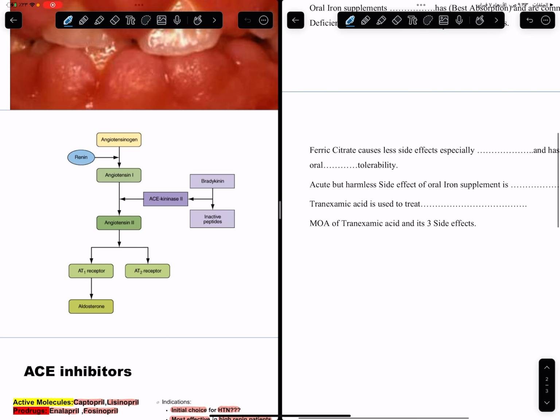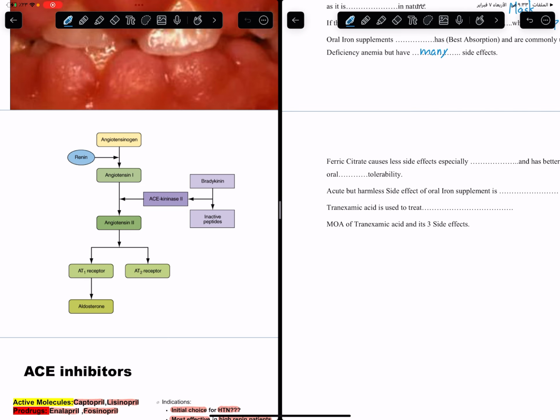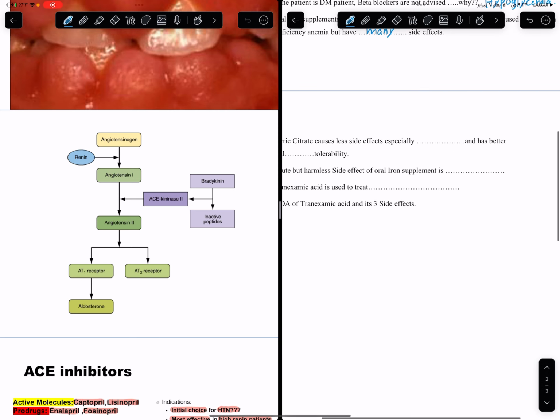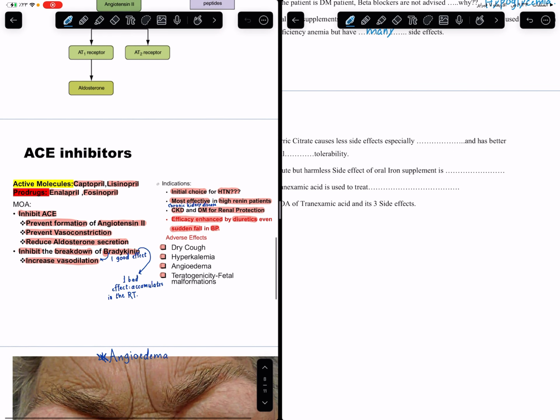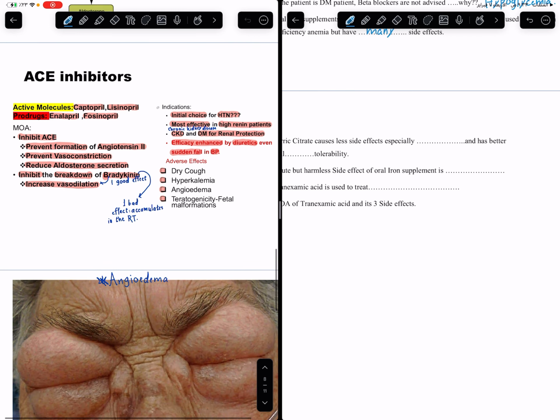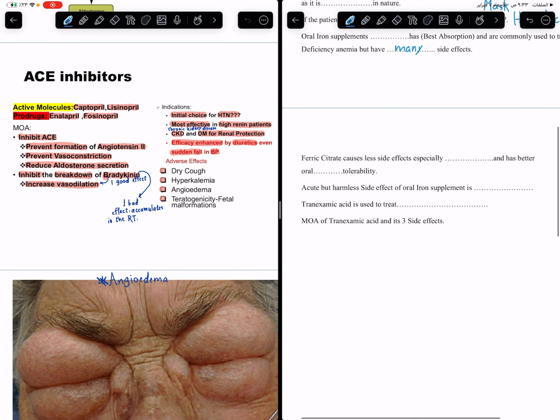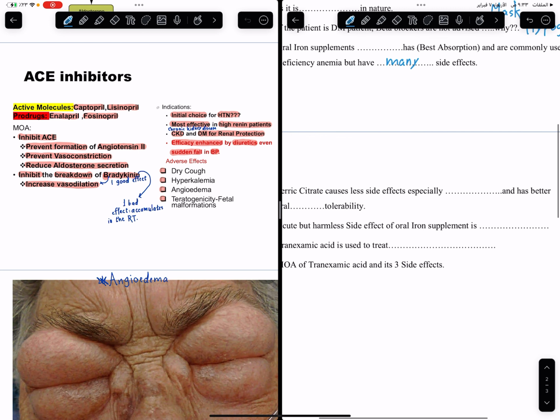Next is ferric citrate, which causes fewer side effects. Which side effect is less in ferric citrate?